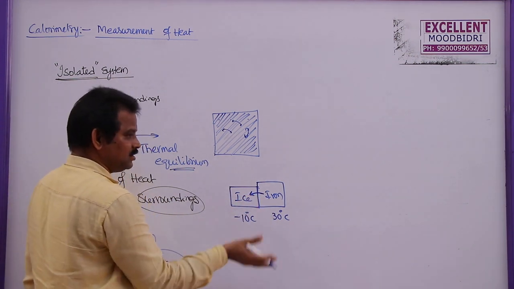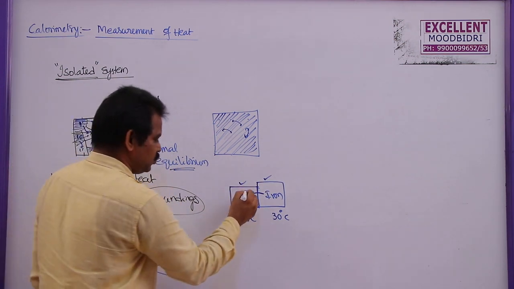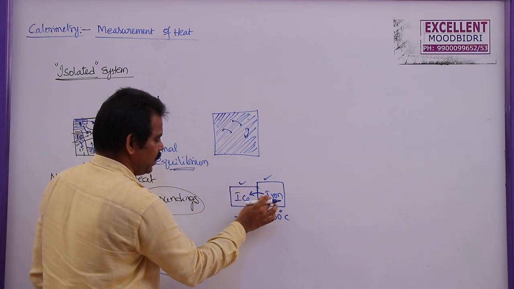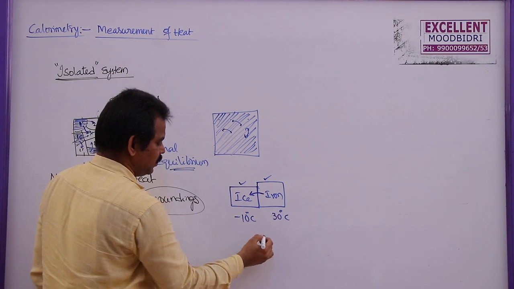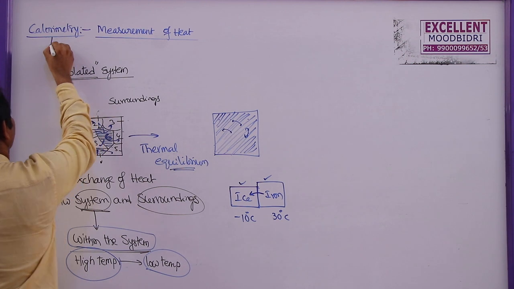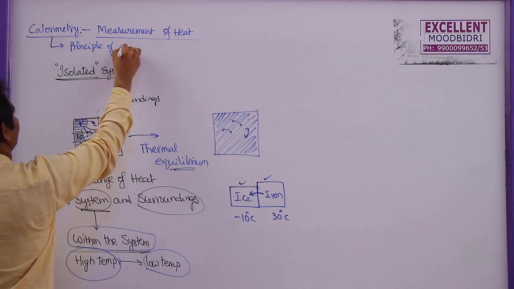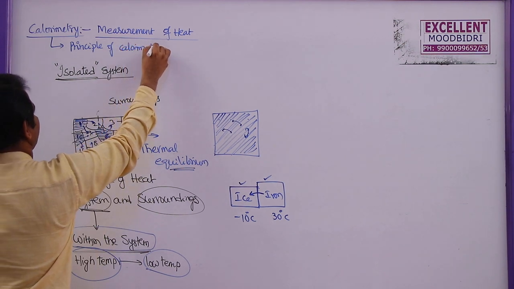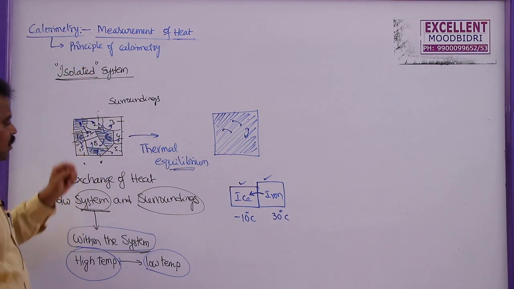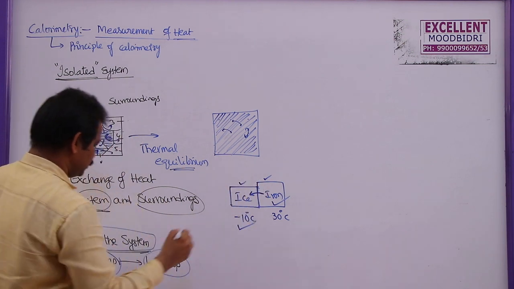So this exchange will take place till the temperature of ice and iron becomes equal. So when these two are equal, then the ice may melt or the temperature of iron may decrease. So this is called the principle of calorimetry. While measuring the heat energy, the principle involved is that the hot body loses heat energy and the cold body gains heat energy.